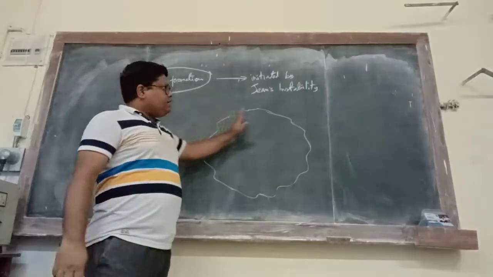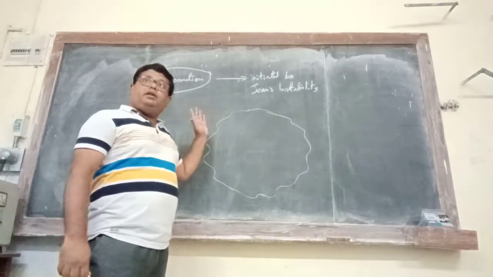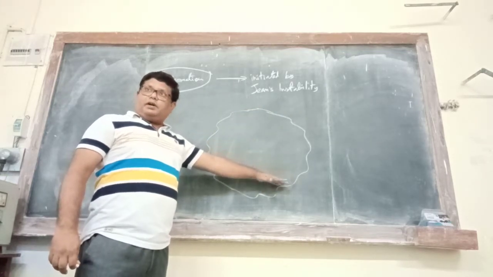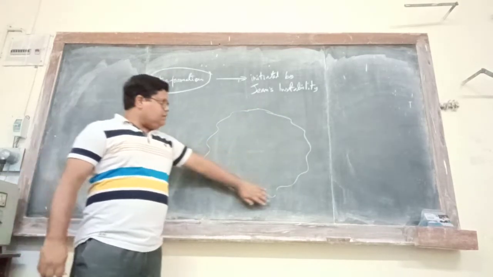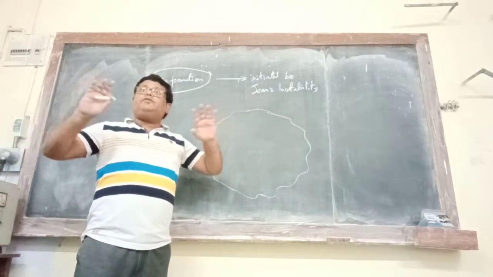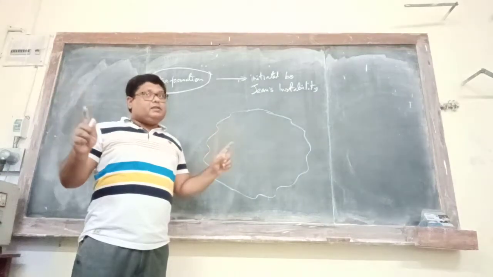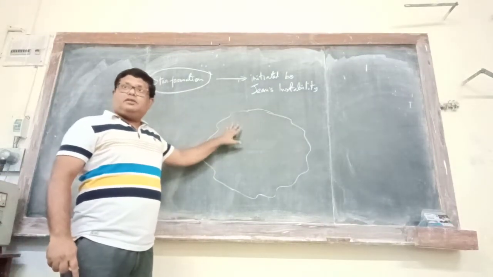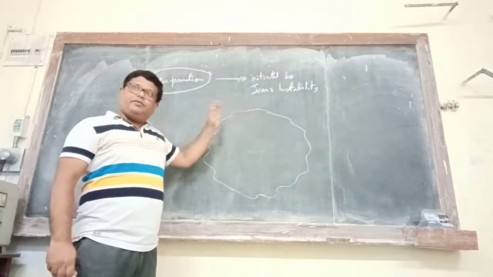So first let us consider a uniformly distributed gas. First part, okay. So suppose this is a very large block of uniformly distributed gas. This means the density over each part is constant. It is the same everywhere.